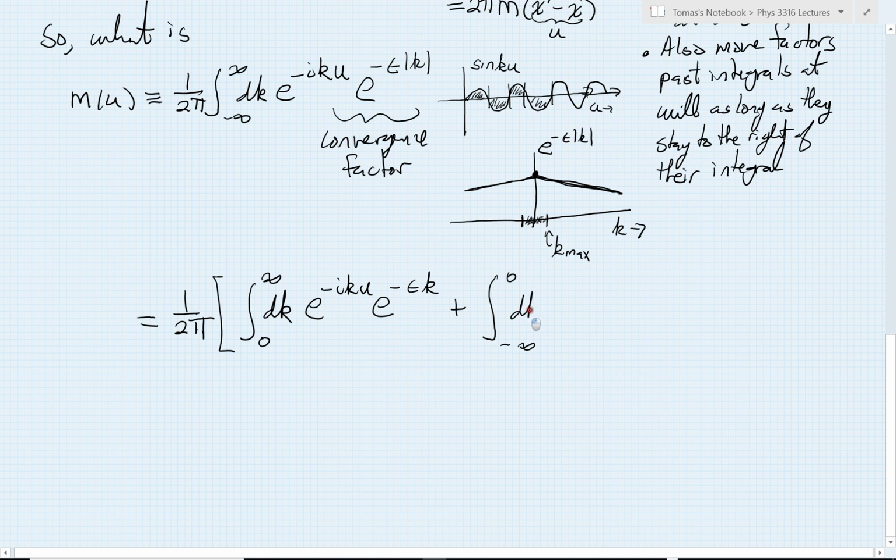These are the negative values of k. And again, I have e to the minus i k u. And my convergence factor now is e to the minus epsilon times the absolute value of k. But if k is negative, absolute value of k equals minus k. So this is actually plus epsilon k. So I now have those 2 integrals to contend with. And the next step is to actually carry out these integrals. They are standard exponential integrals, and we know how to carry those out.